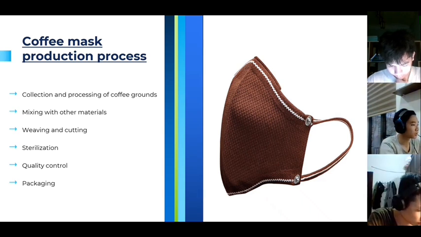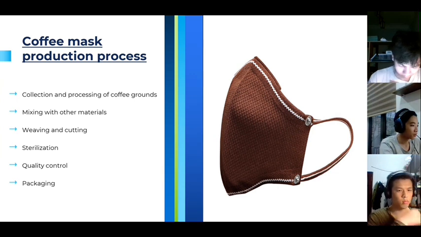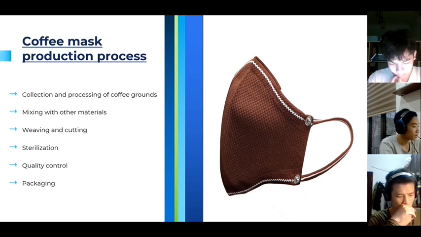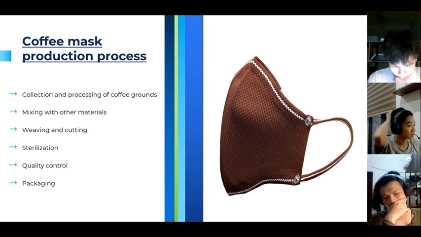Fifth step is quality control. The masks are inspected for quality, ensuring they meet the necessary standard. And the final step is packaging. The masks are packed and labeled for distribution. The resulting masks are lightweight, comfortable, and provide an eco-friendly alternative to medical disposable masks.